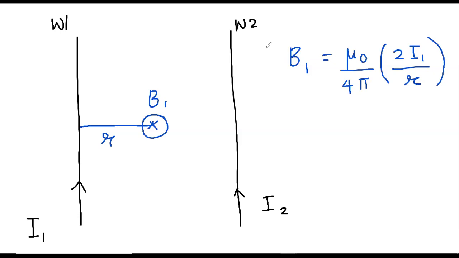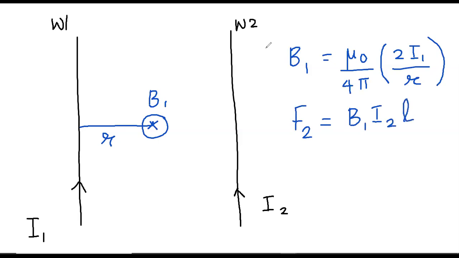Now, what did we say? This field becomes the external field for the current carrying conductor I2. So by Lorentz force, the force experienced by the second wire is given by the magnitude of the external field into the current that is flowing through the wire into the length of the wire.